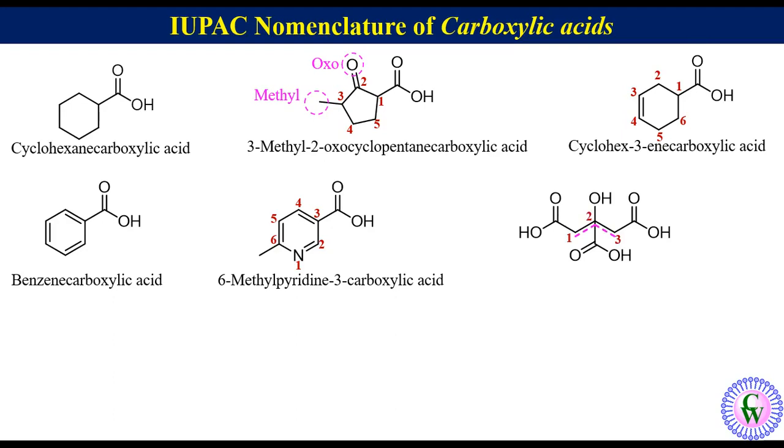The parent chain is propane with a hydroxy group at C2 and 3 carboxylic acid groups, 1 at each carbon atom. Thus, the IUPAC name will be 2-hydroxypropane 1,2,3 tricarboxylic acid. That's all in this video.